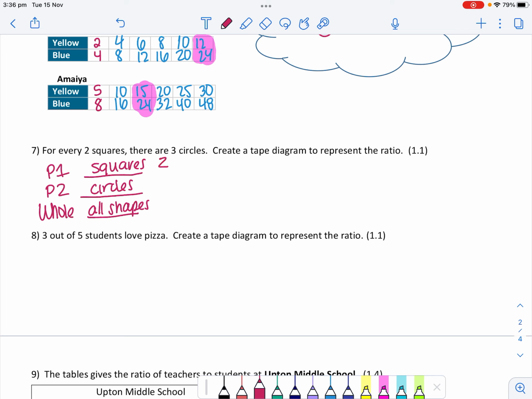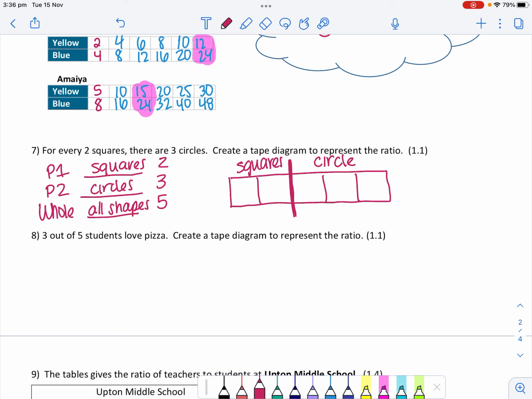So 2 squares, 3 circles is 5 total shapes. That means that my tape diagram is going to be 5 total pieces. So 1, 2, 3, 4, 5. And then I'm going to break my tape diagram after 2. This is going to be the side for squares. This is going to be the side for circles.